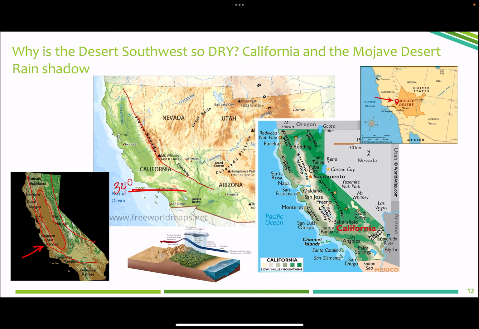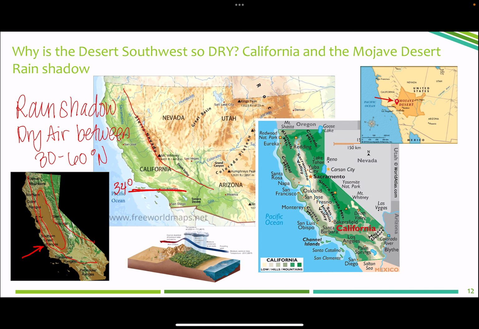But this is compounded by the fact that it is in the desert region of our global circulation patterns. So we get the rain shadow, and we also get that dry air between 30 and 60 degrees north.